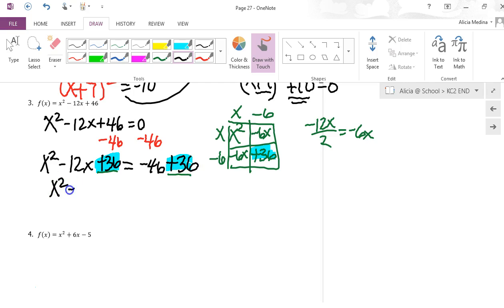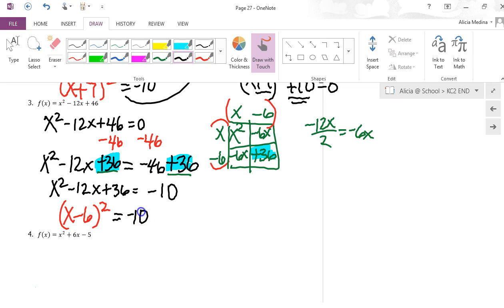So x squared minus 12x plus 36 equals negative 46 plus 36, which is negative 10. I'm going to change this into factored form using those perfect square binomials that I have here. Right, so x minus 6 quantity squared, because there were 2 of them, still equal to negative 10.